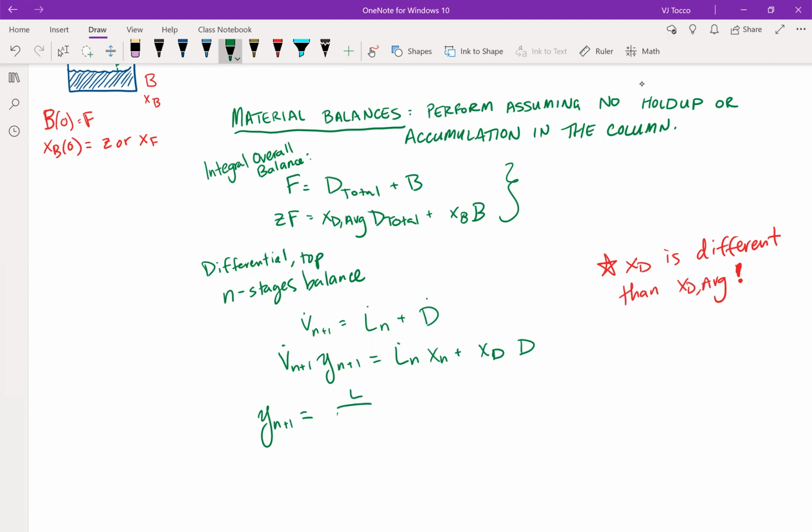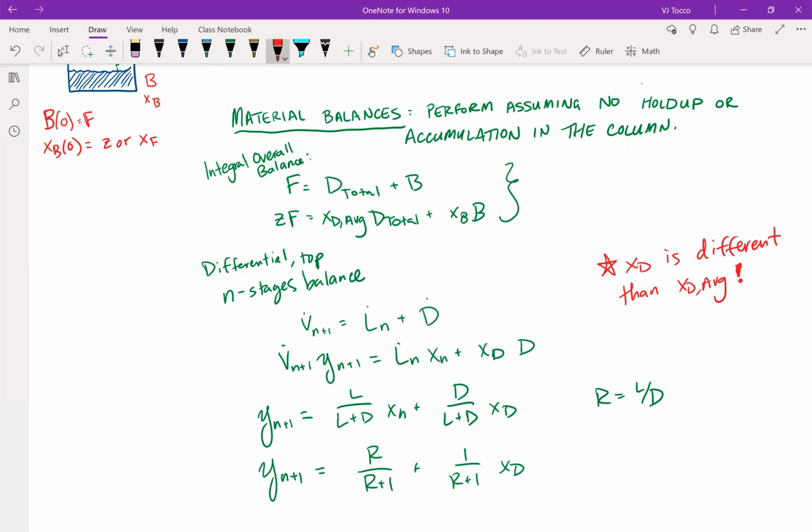It is going to be L over L plus D times xn plus D over L plus D times xD. And once again, if we define the reflux ratio, R, to be L over D, then I'm able to substitute and say y of n plus 1 is equal to R over R plus 1 times xn plus 1 over R plus 1 times xD.